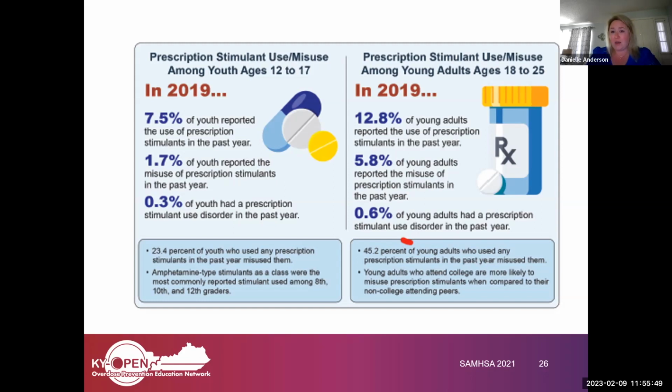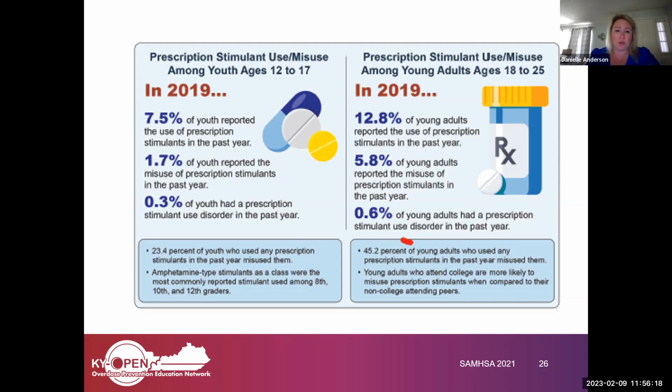For the population of 18 to 25, which is where most of our stimulant users are, in 2019, 12.8% of adults reported the use of a prescription stimulant in the last year, and 5.8% of young adults reported misuse. 0.6% of those adults had a prescription stimulant use disorder in the last year. 45.2% of those young adults who used prescription stimulants in the last year misused them.